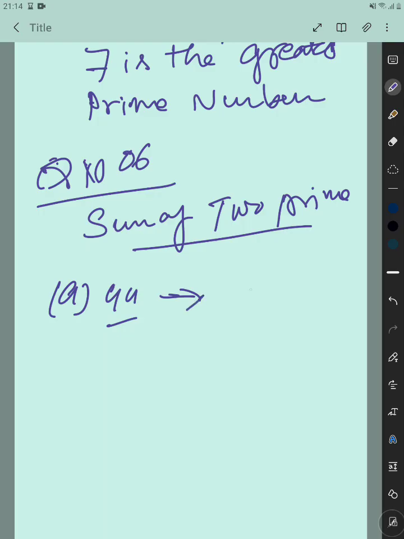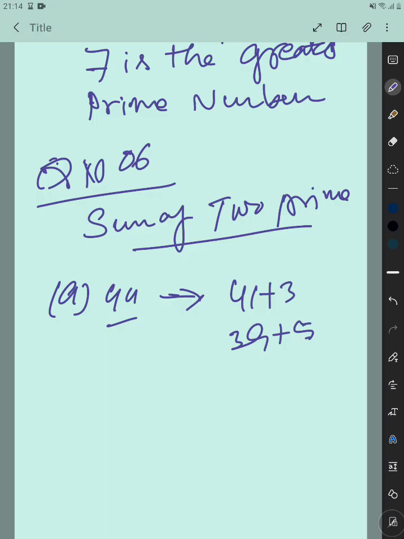For 45 we have 41 plus 3. There can be other numbers also that we can find. For example, if you take 39, 39 plus 5. So we can get many examples.